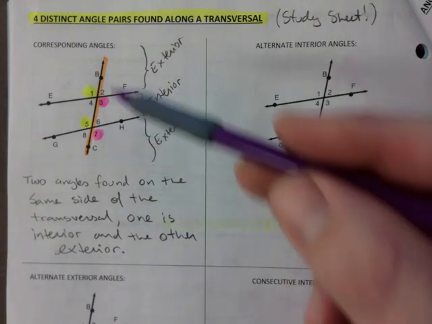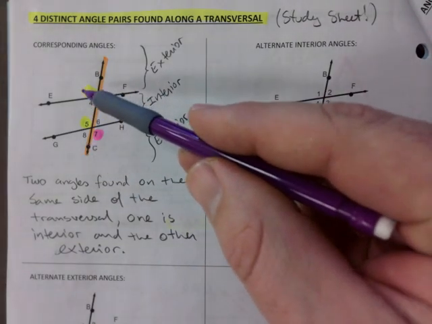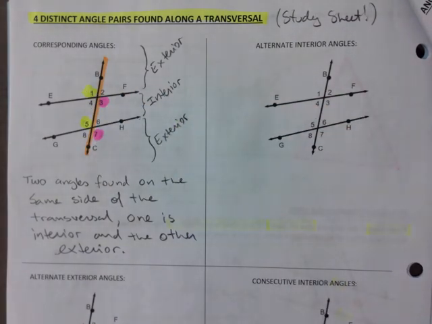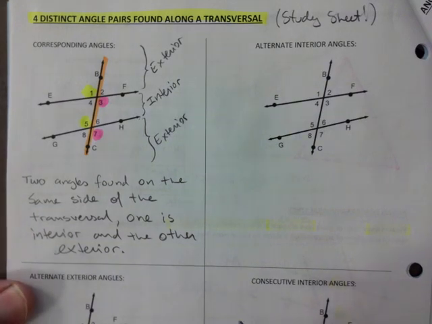In fact, here, there are 4 pairs of corresponding angles. So here they are. I used up so much space here. Sorry, guys.